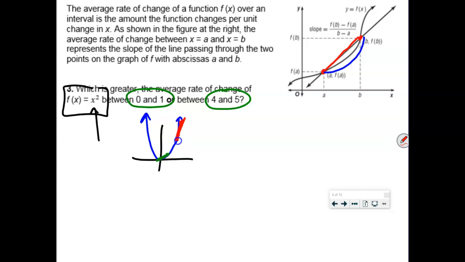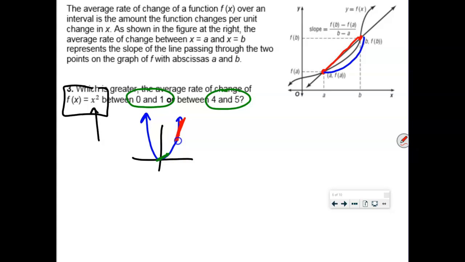So on a power curve like this, where it's raised to a power, the further out in the domain you go, the more intense the slope is going to become. So the average rate of change on something like this, a quadratic function, is going to change as you go along the curve. This is actually a physics concept about acceleration.